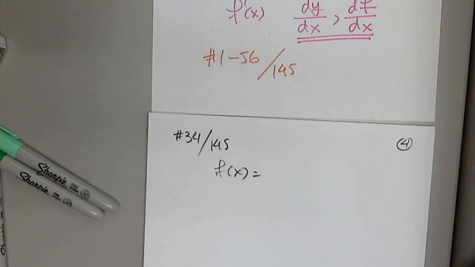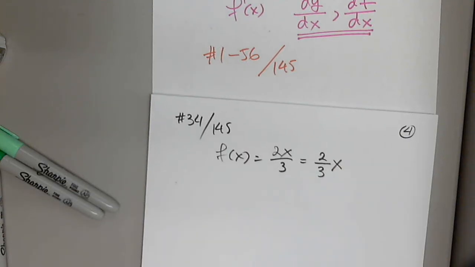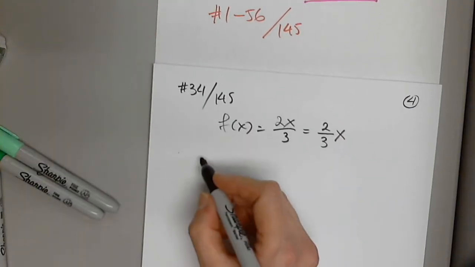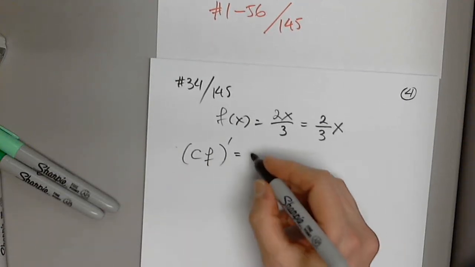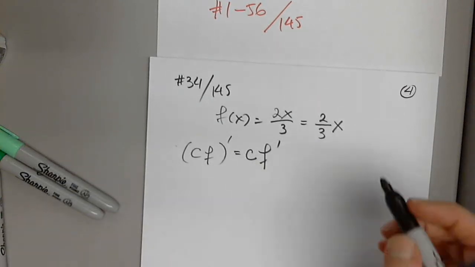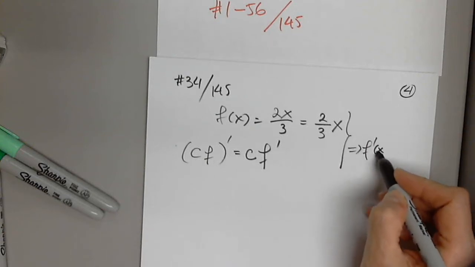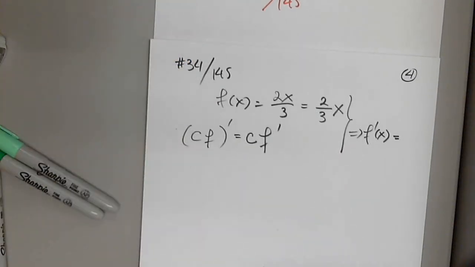So we have f of x equals 2x over 3. Remember, this is a linear function, which is 2/3 x. We know that when we differentiate a constant times a function, the constant stays outside, and we only differentiate the function. So then from here, I know that f prime of x is the slope of this line. What is the slope of this line?